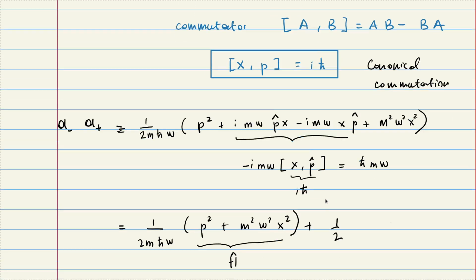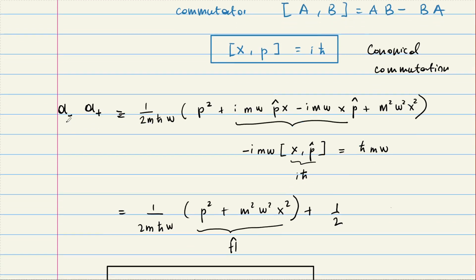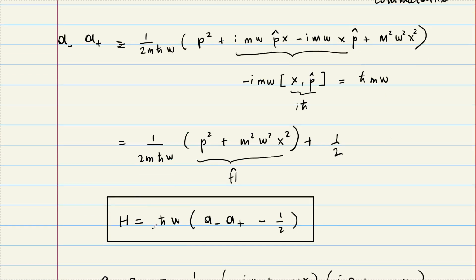Later we went back and wrote A plus and A minus in terms of the commutation of x and p. And then we found that A plus A minus gave us exactly the Hamiltonian up to a constant term. Then we wrote the Hamiltonian in the form h bar omega times A plus A minus plus a half.